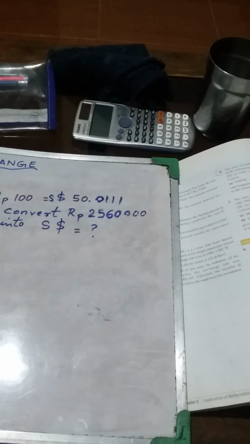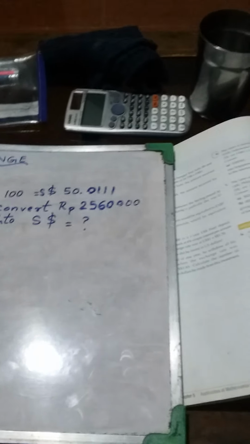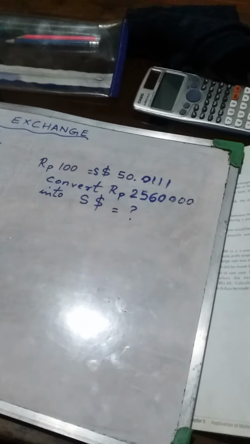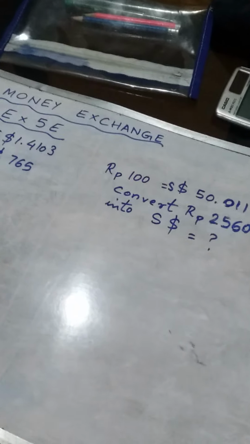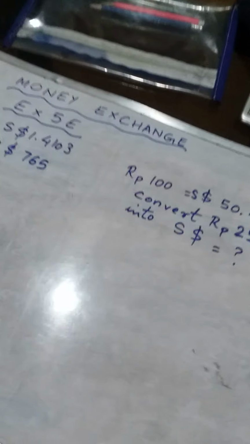We have seen that in ratios we do cross multiplication in direct proportion. That same thing we will be doing over here, direct proportion, and in direct proportion we do cross multiplication.